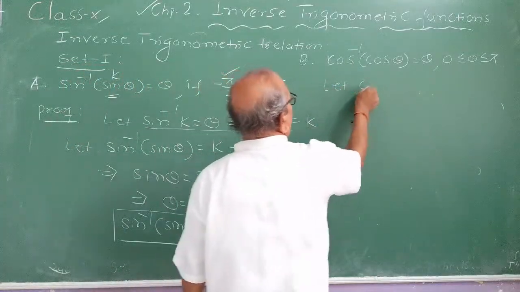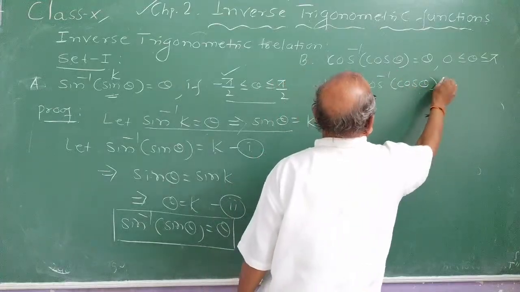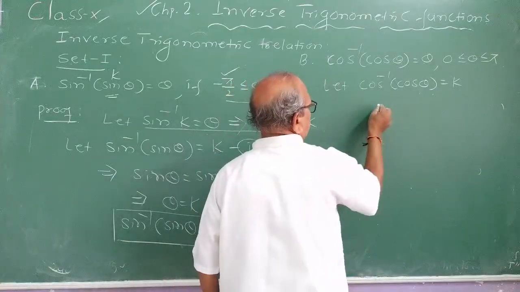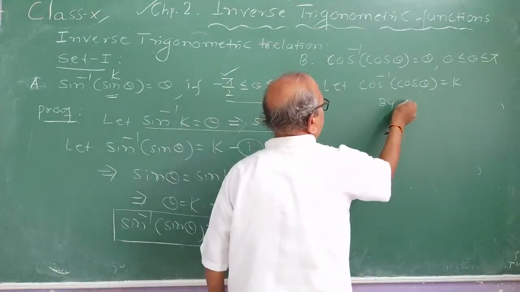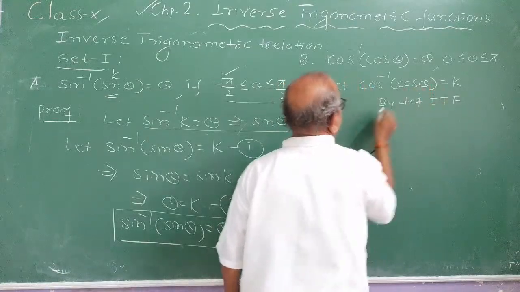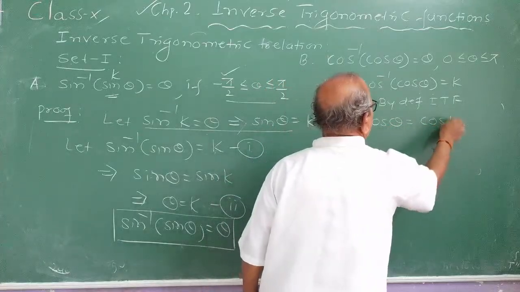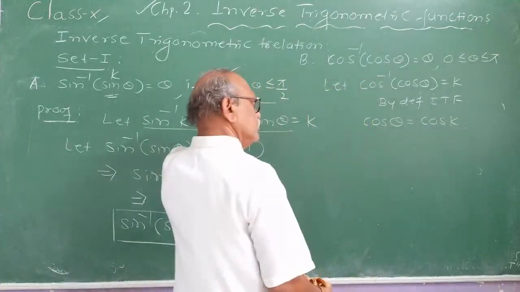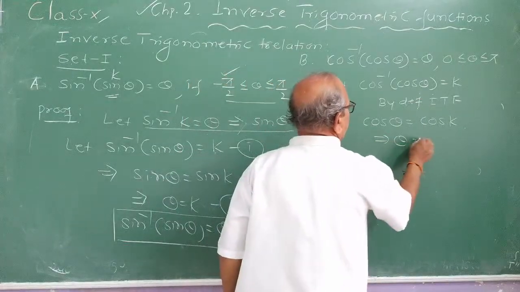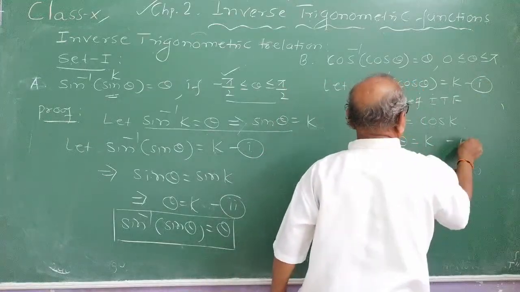Let cos inverse of cos theta be equal to k. By the definition of the inverse trigonometric function, cos theta is equal to cos k. Then theta becomes equal to k. Call it 1. Call it equation number 2.